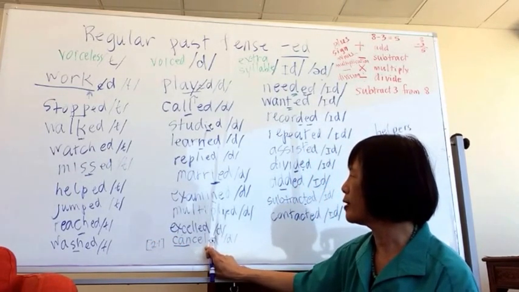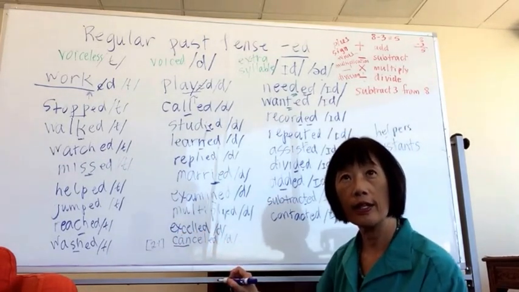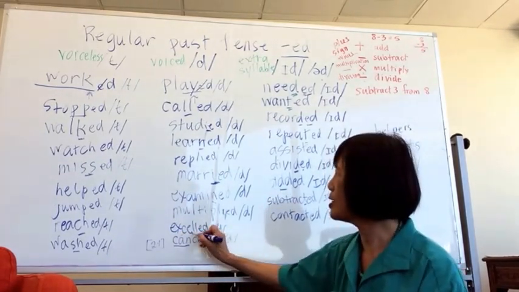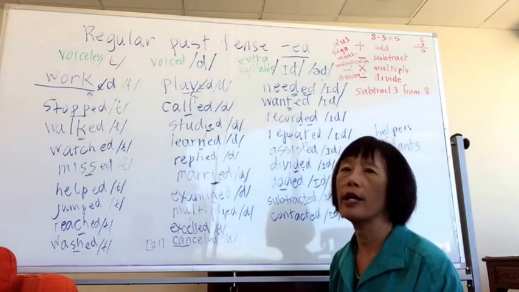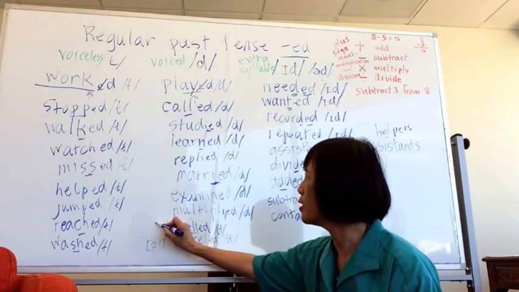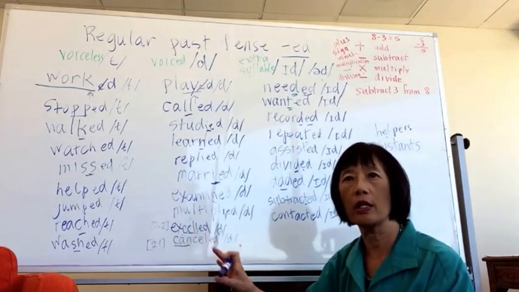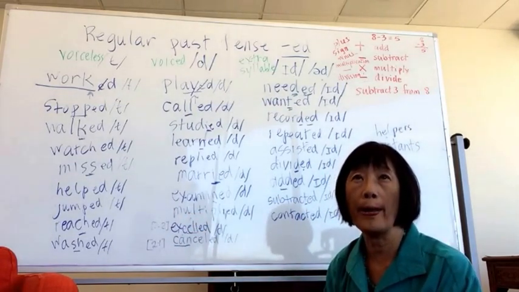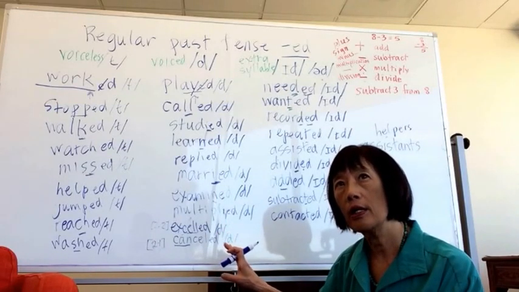Then don't double it. This one, excel, excelled. In this case, we're stressing the second syllable. This one, we require a double letter. So this one is two. All right, so that's one common rule about whether to put a double letter or not.